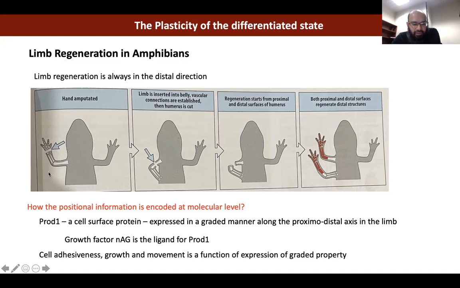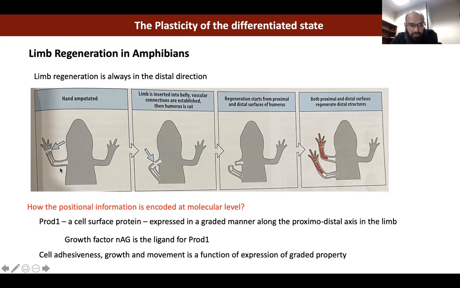Then the scientists did a very interesting experiment to prove that limb regeneration is always in the distal direction. They amputated the hand around the wrist region, cutting out the amphibian hand, and then joined this cut part into the belly. Once it was completely inserted and the wound healed, they cut out the top part of the arm, the humerus here.